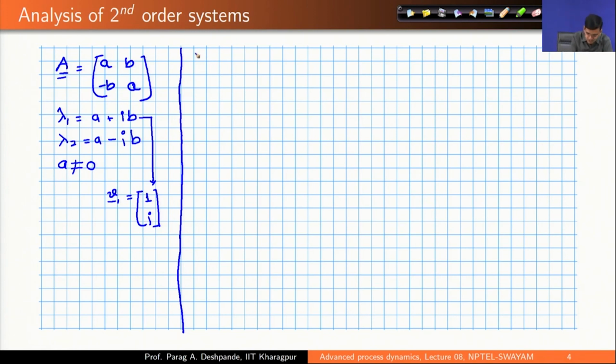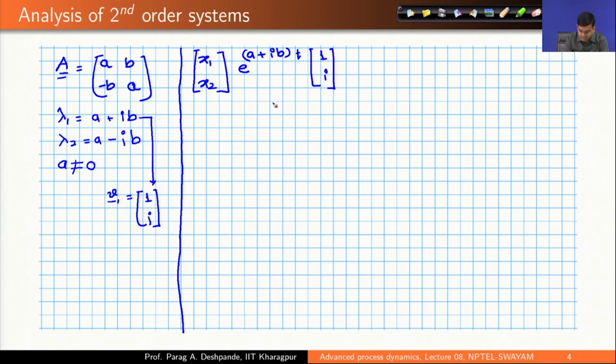So, what you are going to get is that [x1 x2] is equal to e to the power of the eigenvalue, which means (a plus i b) times t, multiplied by [1 i], right.